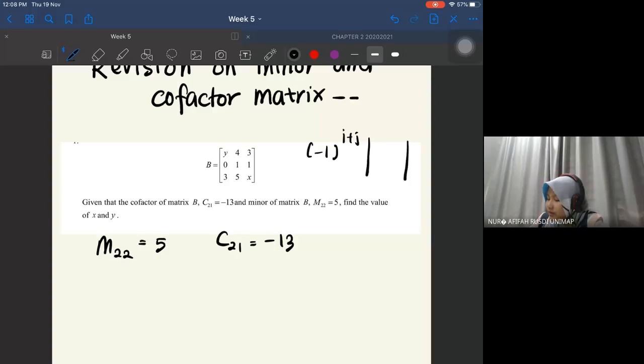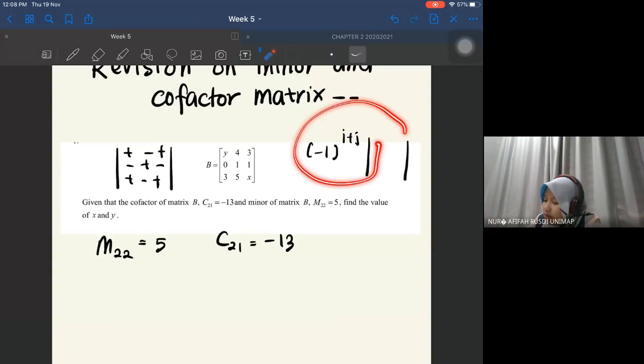Tapi, kalau saya just student saya tak guna this negative 1 to the power of I plus J. What I did was, when I have a matrix, so I akan buat satu simbol dekat tepi ni, and simbol ni akan alternate plus minus plus. Okay. So sama je, sama ada nak guna konsep yang ni ataupun konsep ni.